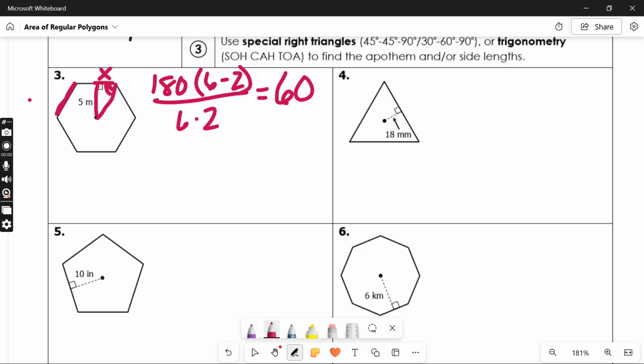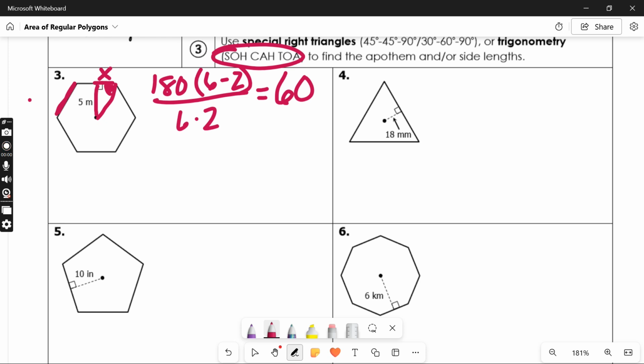All right, so step 3 says use special right triangles or trigonometry. So trigonometry, if you remember, is that SOHCAHTOA that it has right up here. SOHCAHTOA is sine, cosine, and tangent. So when I'm looking at this angle, 5 is the opposite side and x is the adjacent side.